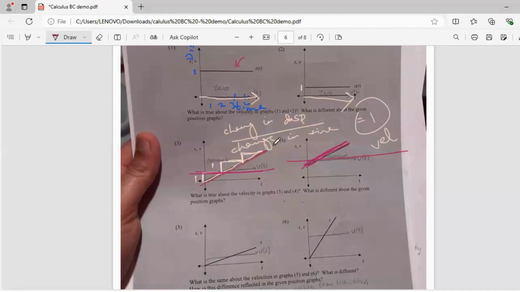For any other straight line, a slanting line, the slope is a constant. In other words, the rate at which displacement is changing with respect to time is a constant. Therefore, velocity is the constant, and it will be a horizontal straight line.